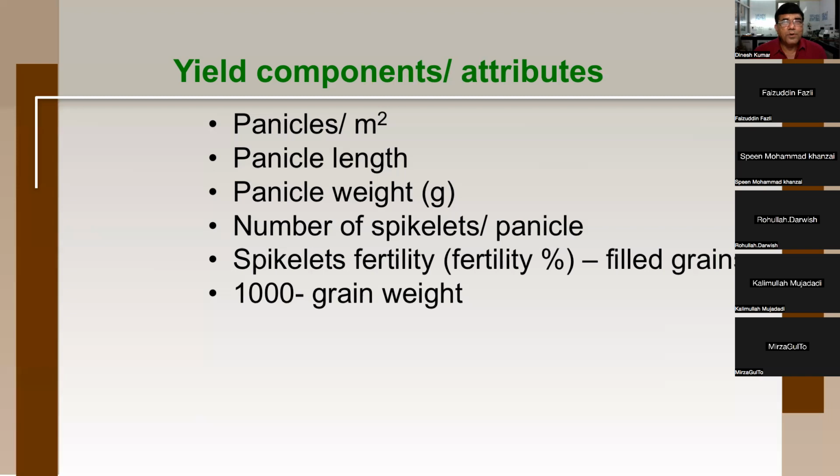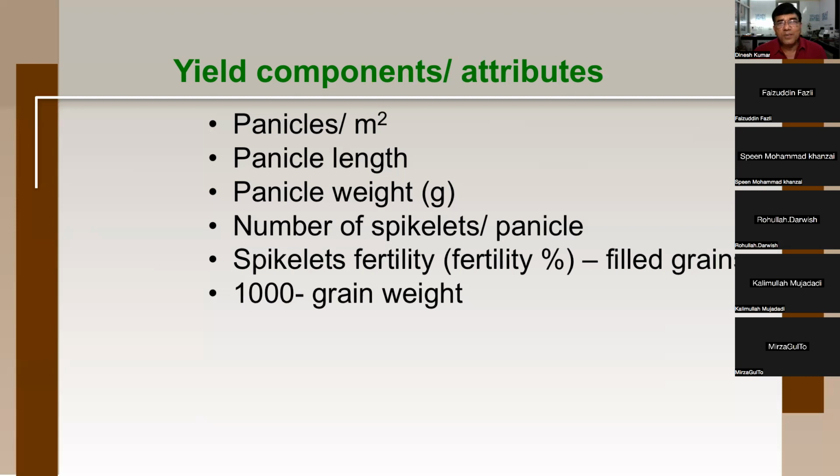Suppose one panicle of rice has 120 spikelets. I taught you already what a spikelet is in rice. And 20 spikelets do not have grain, which means only 100 grains will be the filled grains.